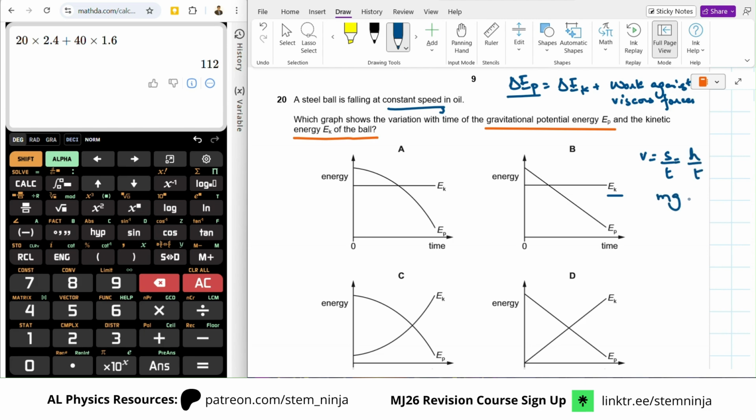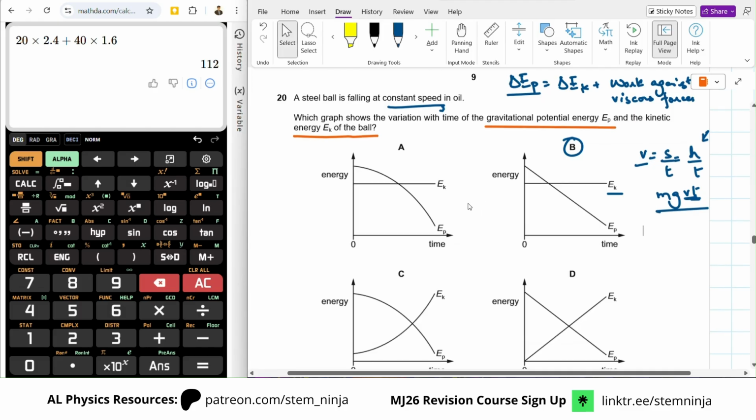So the mgh part here is also decreasing at the same time, at the same uniform rate. So I think B would be the correct one. Why? Because again, if speed is constant, height is speed times T, so it would be a uniform decrease.